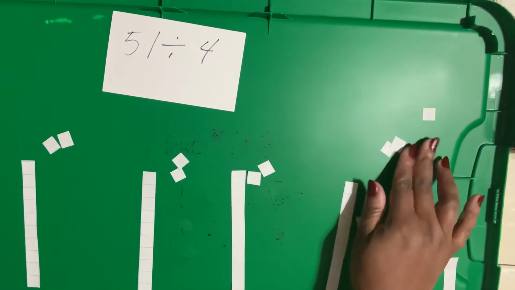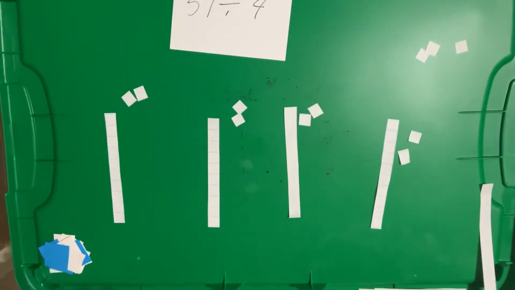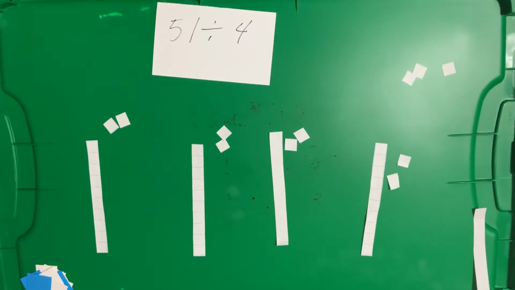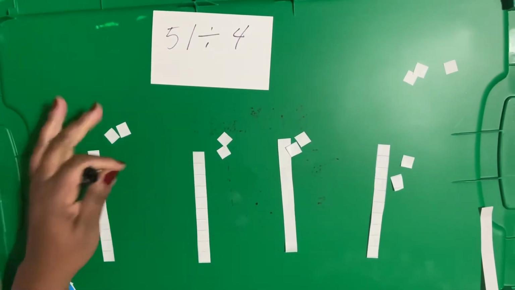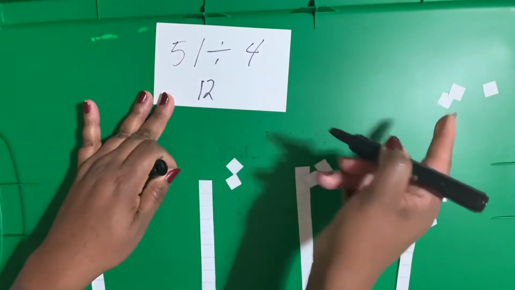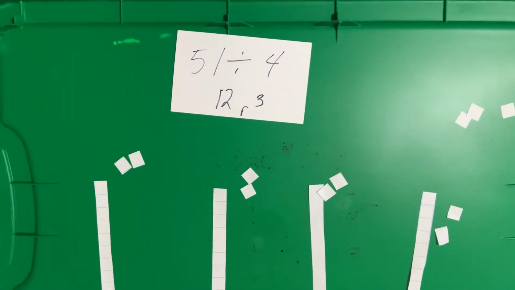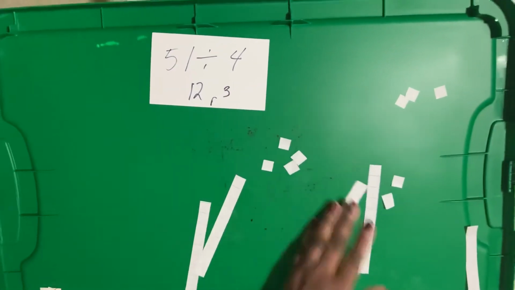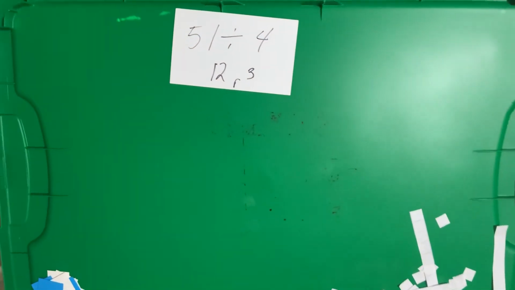Now, I don't have enough to give each group one, so I'm left with 3. So in each group, I have 10, 11, 12 with a remainder of 3. So here's the concrete. Now let's look at this in the representational model.